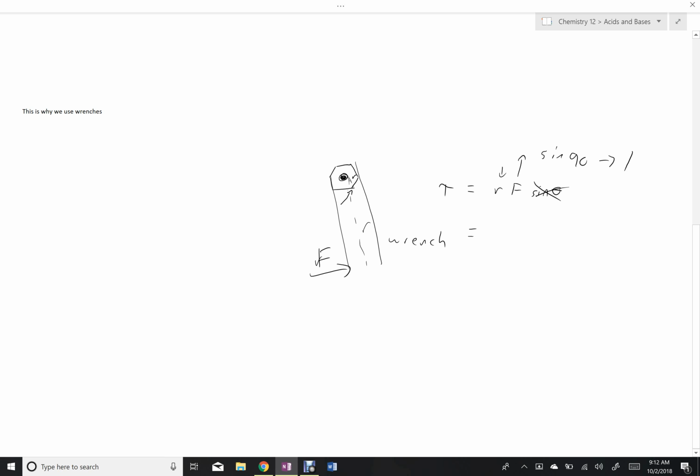So the wrench extends the length over which the force can be applied greatly. And what that means is not only does it allow us to get a piece of metal that we can get a better handle on and actually apply our bigger force, but it means the actual force required to rotate that object is going to be much lower because we've increased the separation distance.